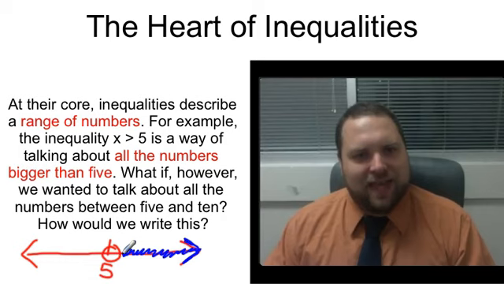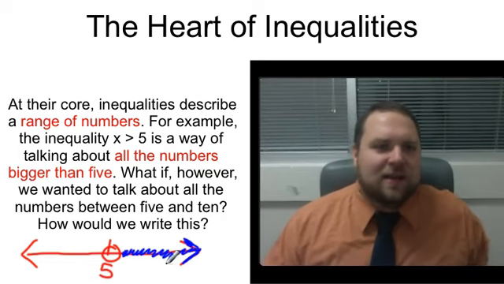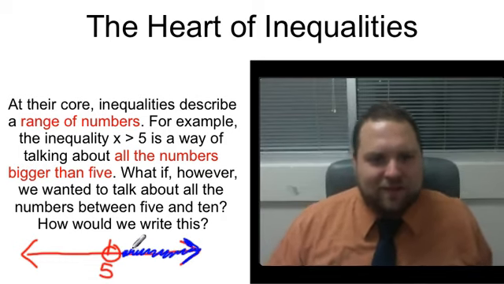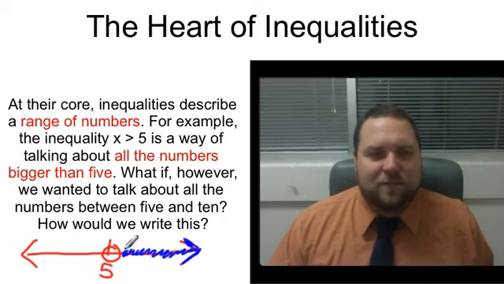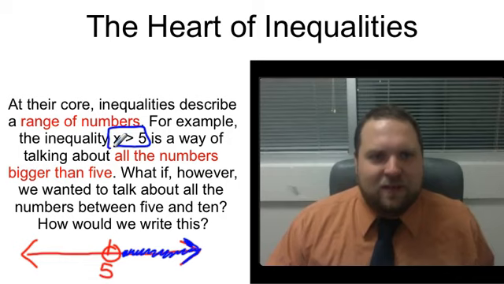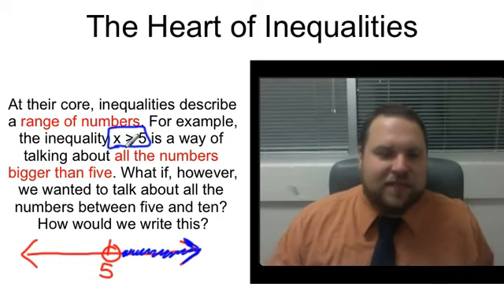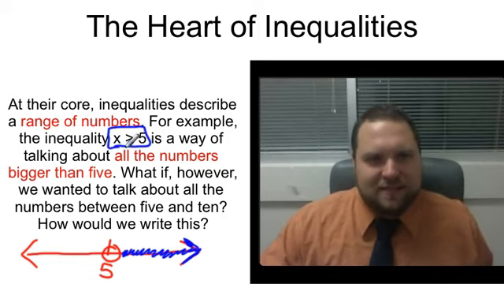When I talk about x being greater than 5, that means all of the x's bigger than 5. It's literally an infinite number of numbers. Everything bigger than 5 is what I'm talking about. So this inequality is just a clever way to talk about all the numbers bigger than 5.